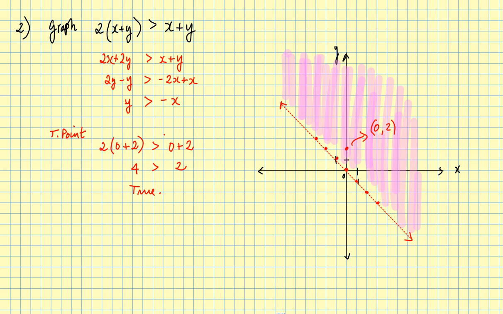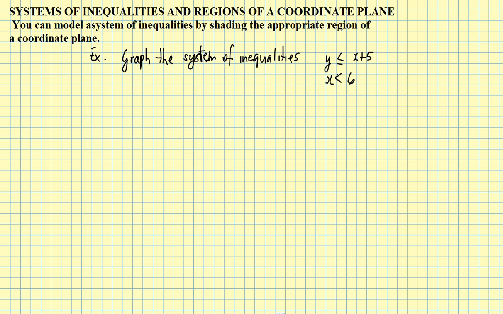All right, if we look at the next one, now you are being asked to graph this system of inequalities. So you're graphing 2 lines, 2 inequalities. So I'm going to quickly make my graph in black. Here's my graph.